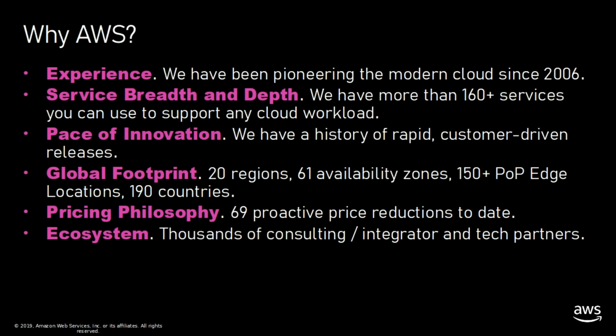Global footprint: 20 regions, 61 availability zones, 150 edge locations in 190 countries. Pricing and philosophy: it has reduced its price proactively for the 69th time. And ecosystem: since it has been a pioneering cloud since 2006, it has built this network of consultants, integrators, and tech partners like us.